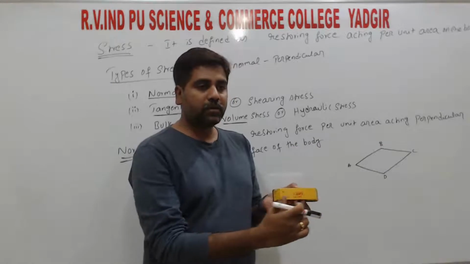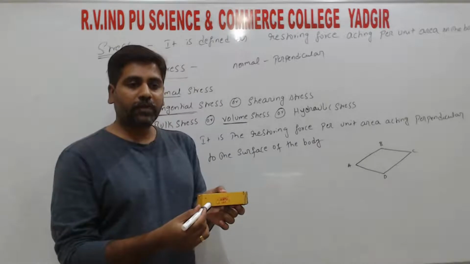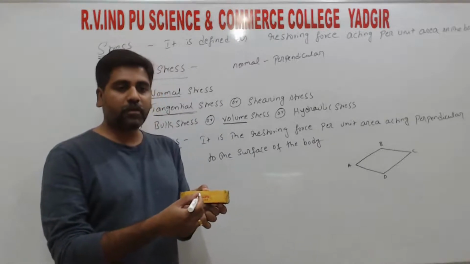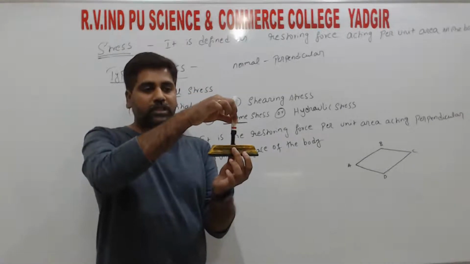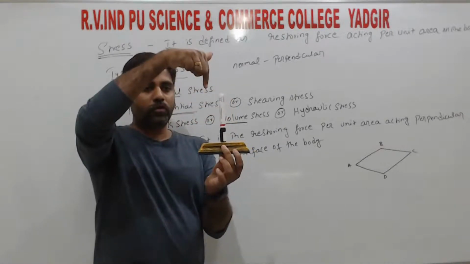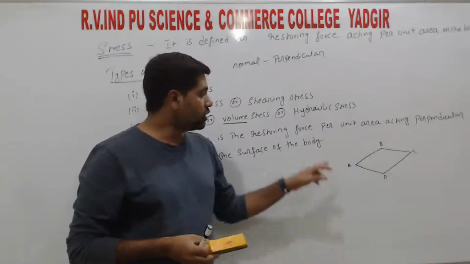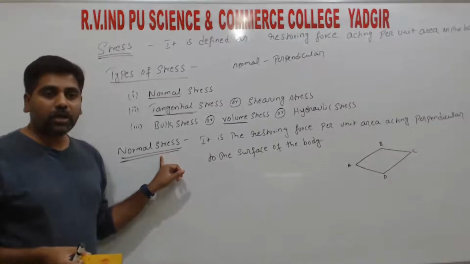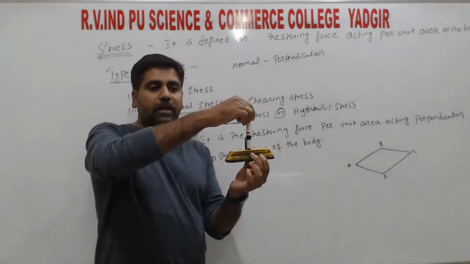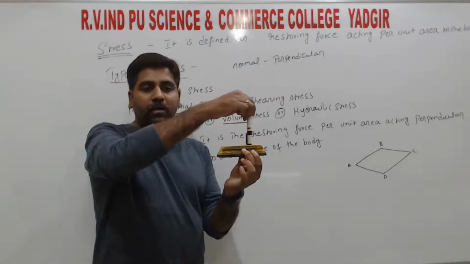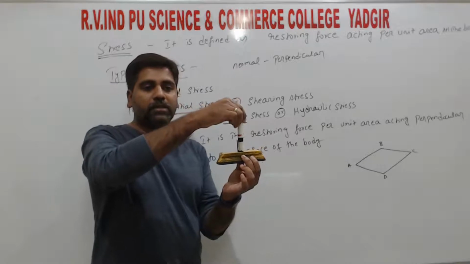I am considering this surface area, that is ABCD. Onto this surface area, the force is acting, which is perpendicular. This pen is the force which is acting. This force is acting perpendicular to the surface area, right? That force we call normal stress. So if a force is acting perpendicular to a surface, the angle between the surface and the force is always equal to 90 degrees.